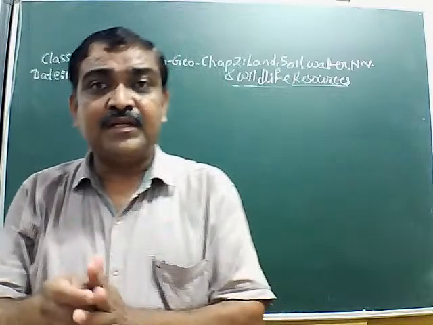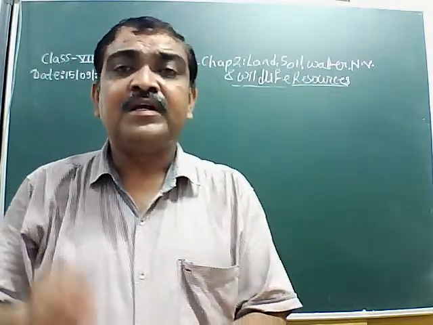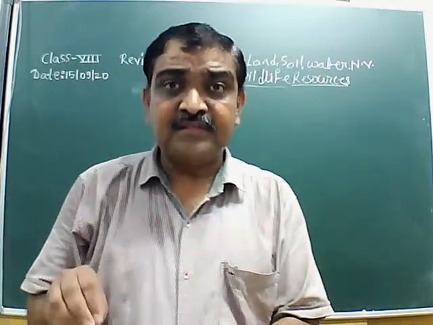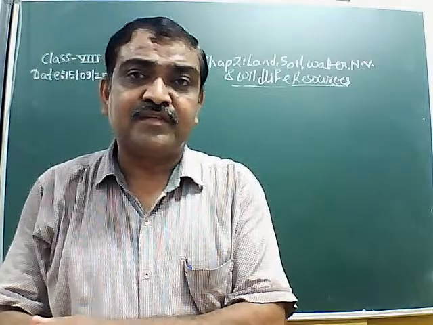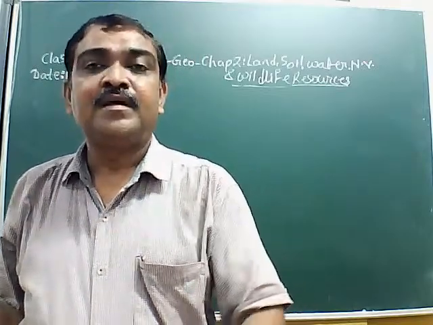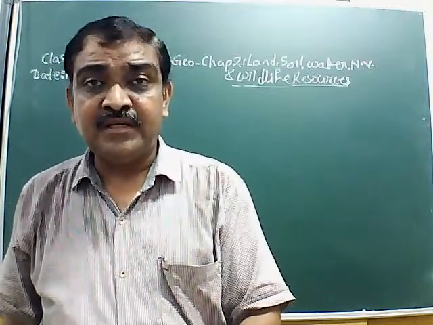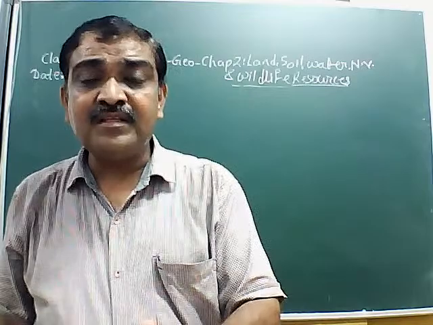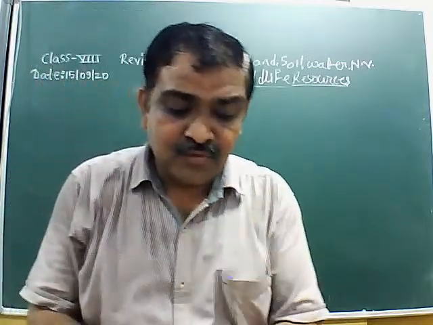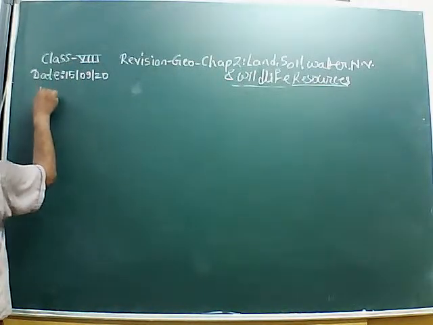Since we are in standard 8, not too much deep knowledge is required in this syllabus. The same things we will be studying in standard 9 and 10th also. So let us start first.